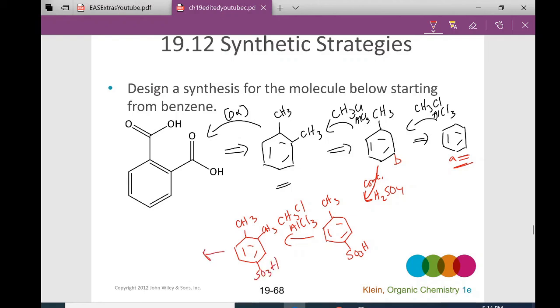And then we can unblock with dilute sulfuric acid, to give us the orthoxylene that we wanted. That's our molecule, let's call that C here. Once we get there, all we have to do is oxidize with something like potassium permanganate to get the acid. And that will give us our target molecule that we wanted.